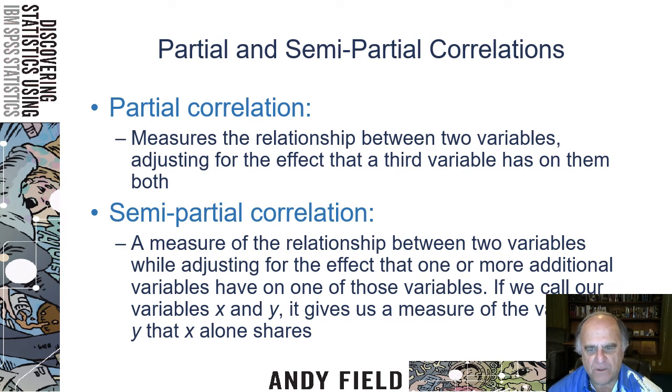So it's the relationship between two variables after we've adjusted for the effect of one or more additional variables on that one variable, the one variable usually being the y variable. And that's going to be important in regression analysis.